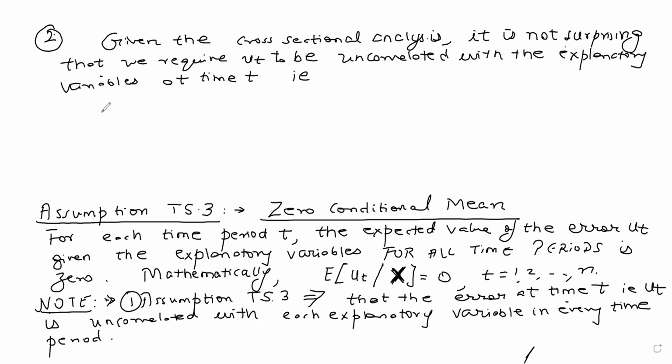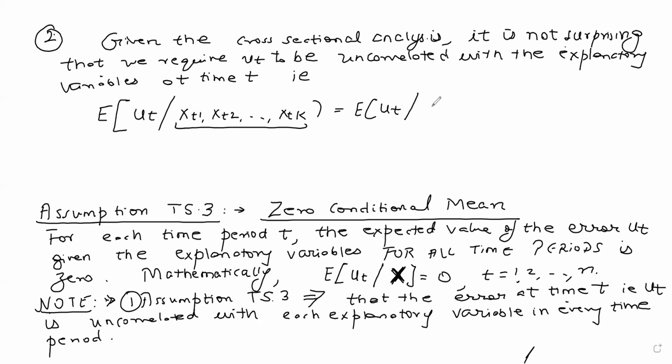That is, according to the cross-sectional data, the expected value of ut conditional on the regressors only in the time period t, which is xt1, xt2, up to xtk, which I can call my vector xt, is equal to 0.